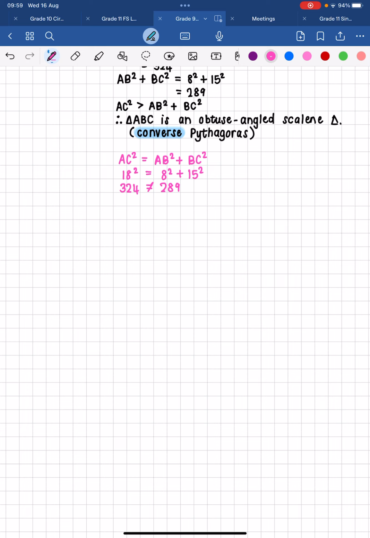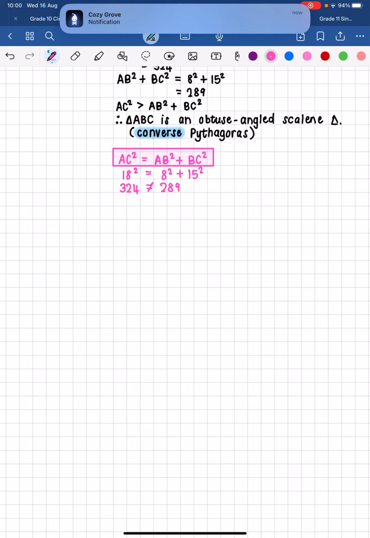Okay, you can't state Pythagoras like this. What's this called? This statement, the Pythag statement. You can't write that down unless you know that it is a right angle triangle. So please, you have to do separate calculations and then state, are they equal, greater than, or smaller than.